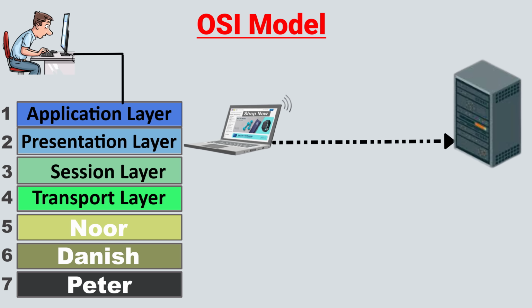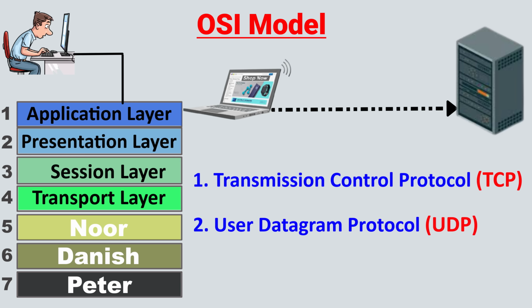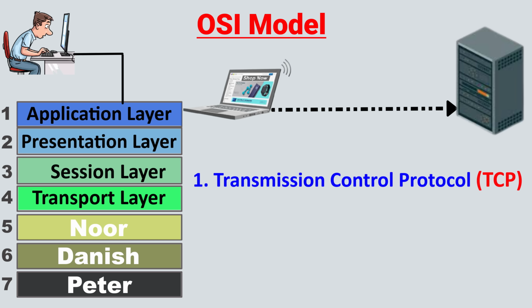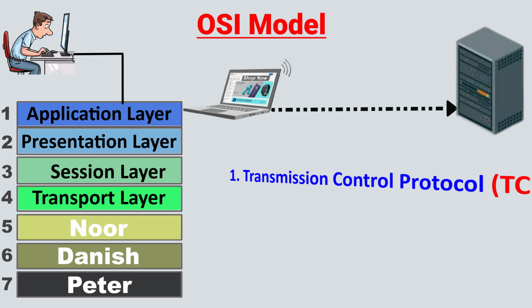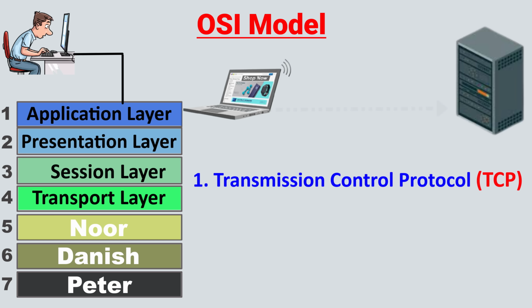Also, there are two types of protocol in the transport layer: Transmission Control Protocol or TCP, and User Datagram Protocol or UDP. To get an acknowledgement from the receiver after receiving data, or to send a data segment again if data is lost during transmission, we use the TCP protocol. It's also called connection-oriented transmission.